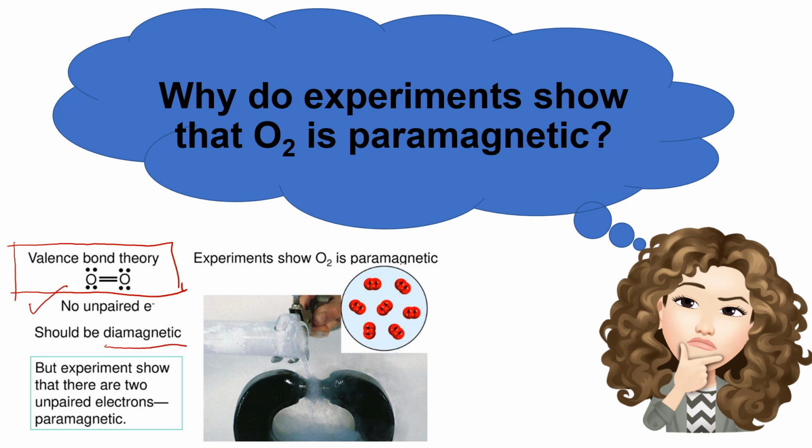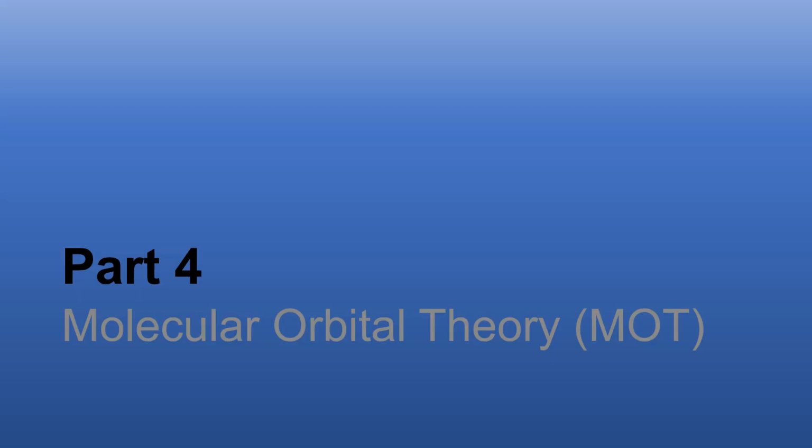There is no unpaired electron. However, experiments show that there are two unpaired electrons and it is paramagnetic. That is the limitation of our valence bond theory, which will be answered by molecular orbital theory, which we will be tackling in part 4 of this lecture.